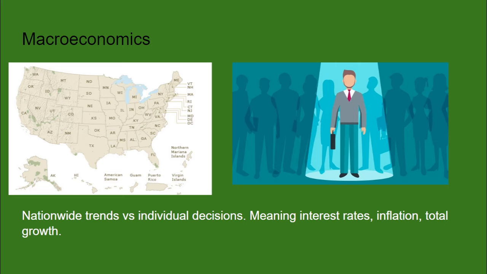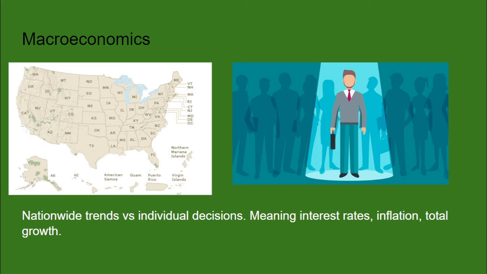Next, we're going to be going into macroeconomic trends, which is nationwide trends versus individual decisions, meaning interest rates, inflation, total growth, how all of those interact with each other. We'll be getting into how we calculate inflation, interest rates, unemployment, and how all those interact with each other to yield total growth.